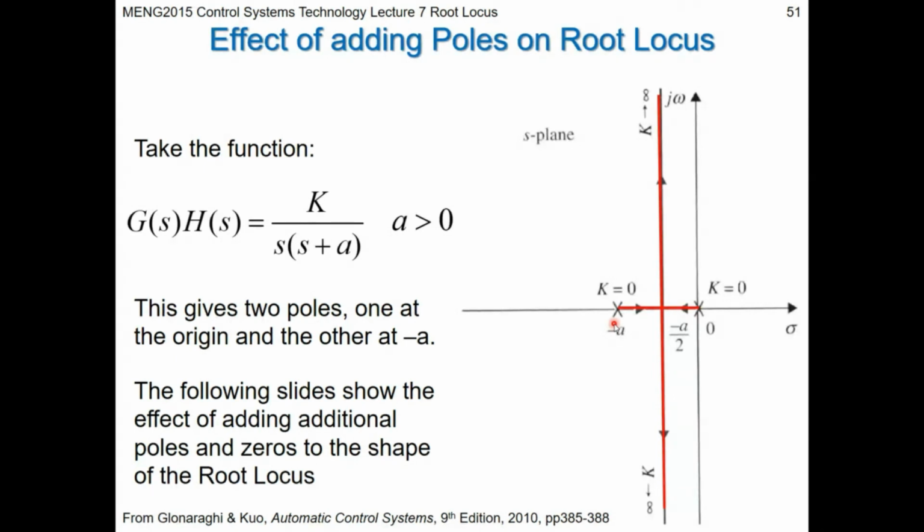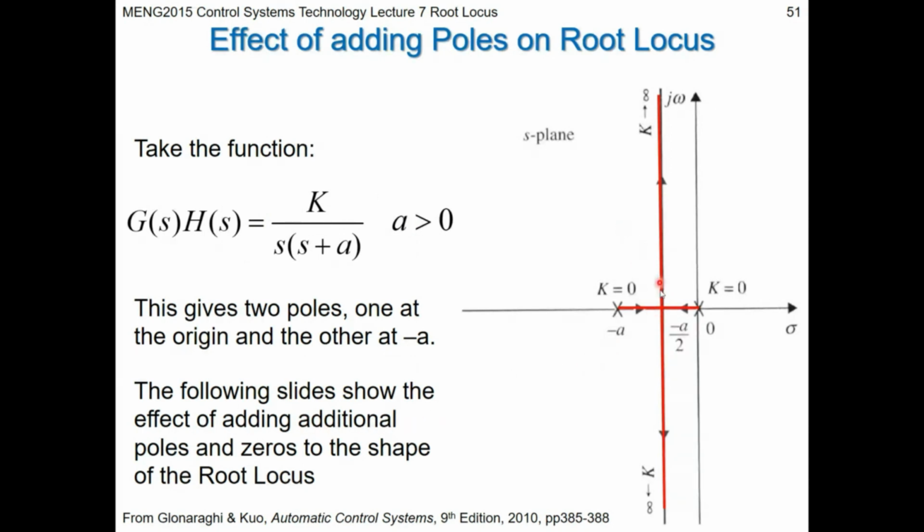So the asymptotes are going to be 180 degrees apart. The first one's going to be at 90 degrees, the next one's at 270. So that's how we end up with this cross-like shape. The red line now is our locus, the x's are our poles from this simple function.